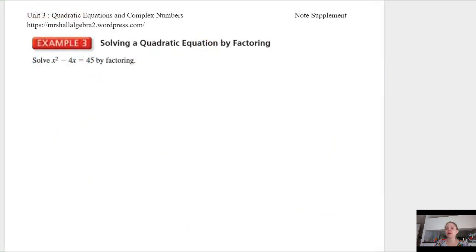Example 3, solving a quadratic equation by factoring. Solve x squared minus 4x equals 45 by factoring. First step is we want to make one side equals 0. So I will subtract 45 from both sides, and I'll end up with x squared minus 4x minus 45 equals 0.